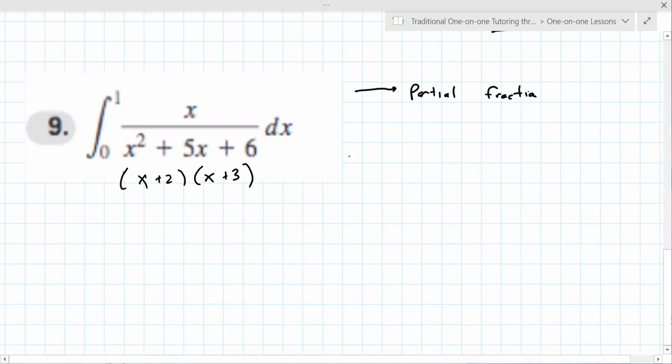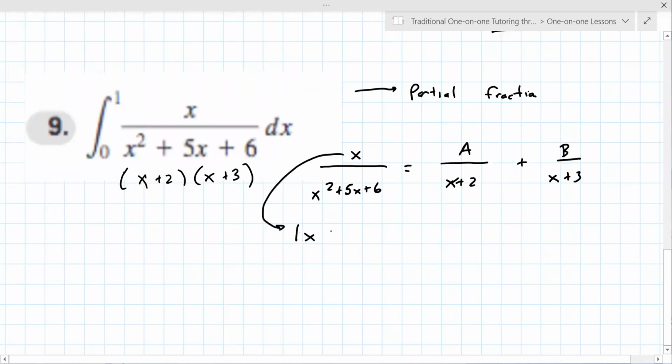So you got x over the original x squared plus 5x plus 6 equals A over x plus 2 plus B over x plus 3. So another way to write the numerator is 1x plus 0 equals, and then you're multiplying the top and bottom by the other one.